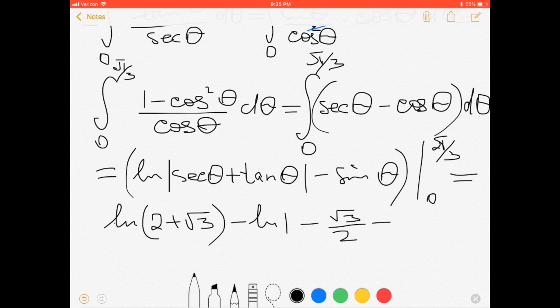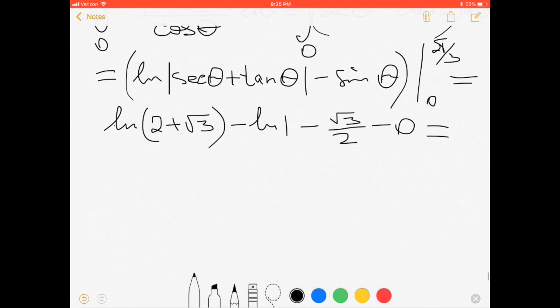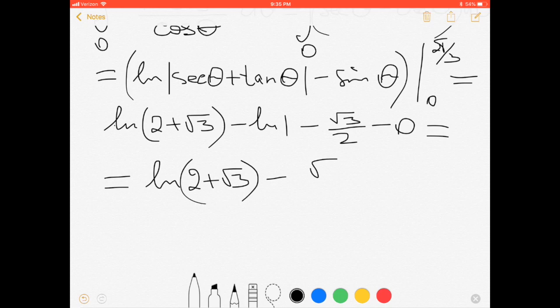And if you plug in 0, it will be minus 0. Okay. Remember, natural log of 1 is 0. This means the final answer is ln of 2 plus square root of 3 minus square root of 3 over 2.